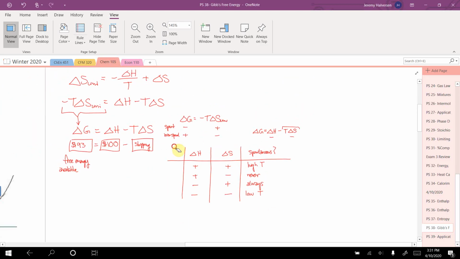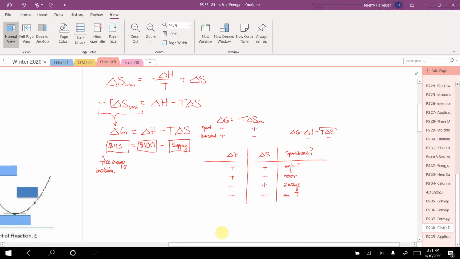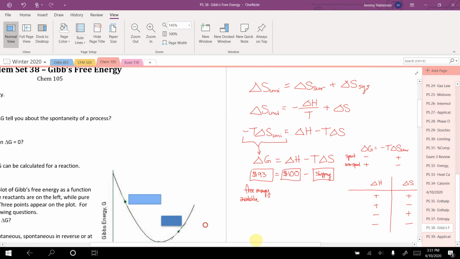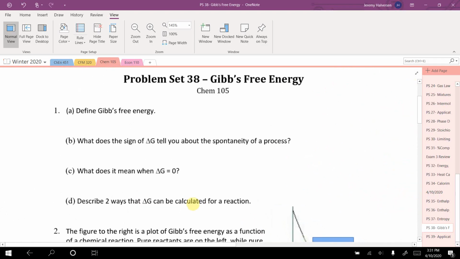Okay. So we've introduced you to the delta G equation and conceptually what delta G is. So let's take a look here. Gibbs free energy. Define it. The book and the world likes to say it's energy available to do work.